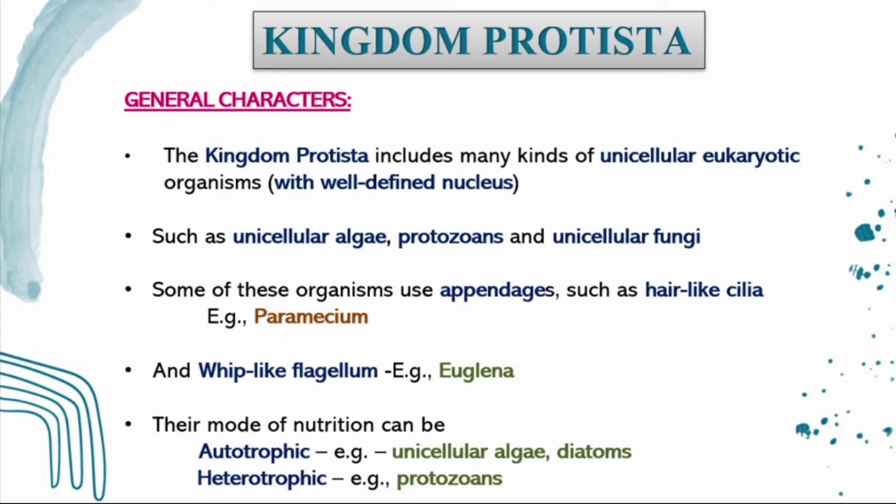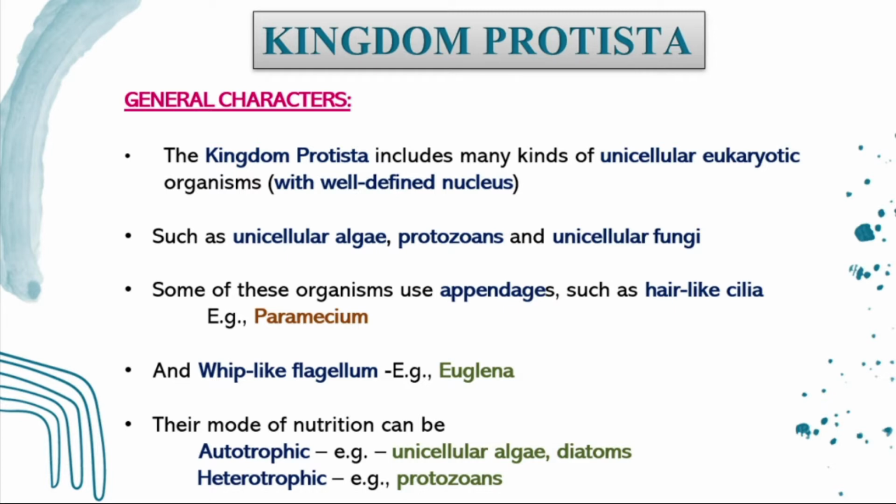This paramecium's body is covered with appendages like hair-like cilia, and the whip-like flagellum in Euglena, which looks like a tail. Their mode of nutrition can be divided into autotrophic and heterotrophic.